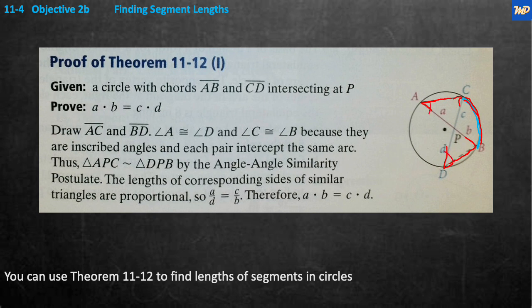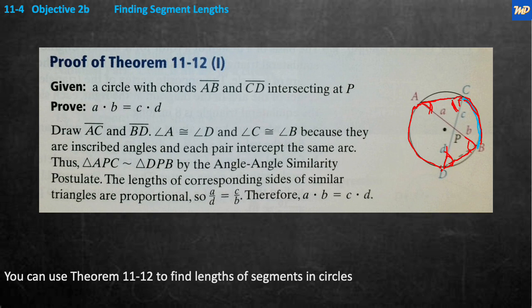And angle B is from A to D, and for C it's from A to D, the same thing. So this angle is congruent to this angle. This angle is congruent to this angle. So now we have all these congruent angles, okay?